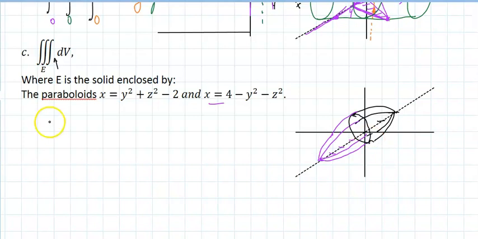Now, to get this really out of the way, and to simplify this as much as you can, I'm going to run z. Oh, I'm sorry, not z. In this case, we're going to run x, since it's x equal or x equal, right? So we're going to run x from negative to positive.